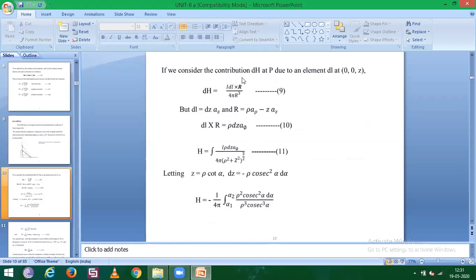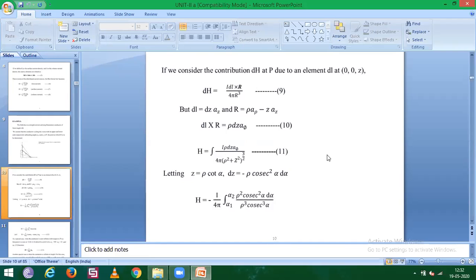So all that we have to do is IdL cross R. I is a constant value, so we don't have to worry about it. Now we need dl cross R bar, so executing the determinant cross product, we will have rho dz a phi. How do we execute it? The first row is a rho, a phi, a z, then dou by dou rho, dou by dou phi, dou by dou z, and finally the magnitude of rho and magnitude of z in the last row.